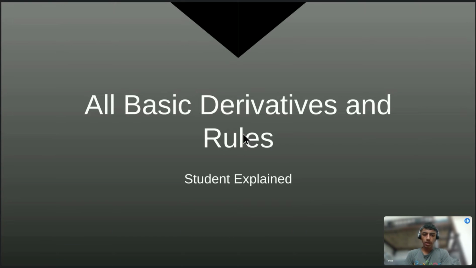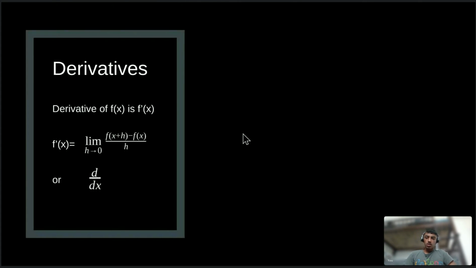Hello, today I will be going through some basic derivatives and rules for combining them. So, just as an intro, the notation for this will be either derivative of f of x is f prime of x, or d divided by dx of the function.